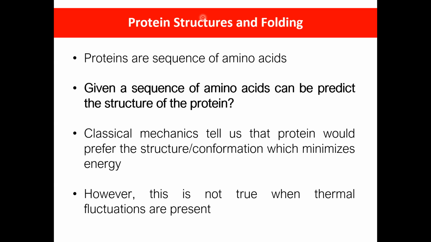When the thermal fluctuations are present, the system does not try to minimize its energy. What the system tries to minimize is something called free energy. So in the presence of thermal fluctuation, a system tries to minimize its free energy.